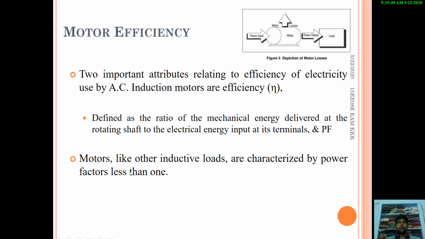That is, motors are an RLE load, that is resistive, inductive, and back EMF. Any load with an inductive or capacitive effect will have some low power factor effect.